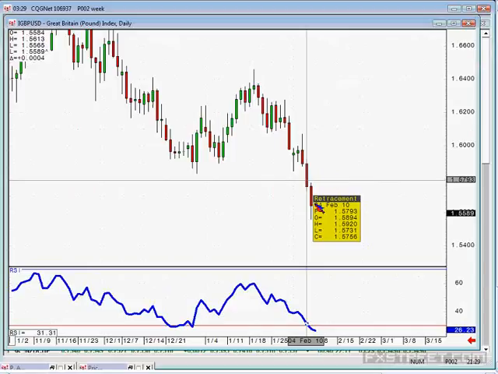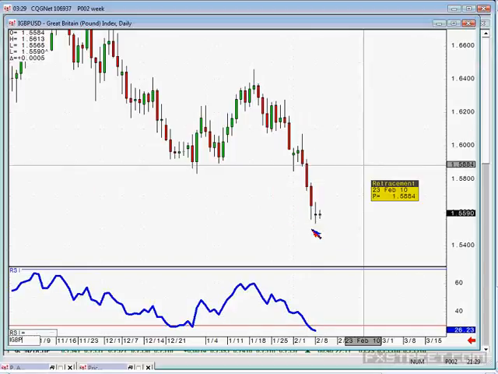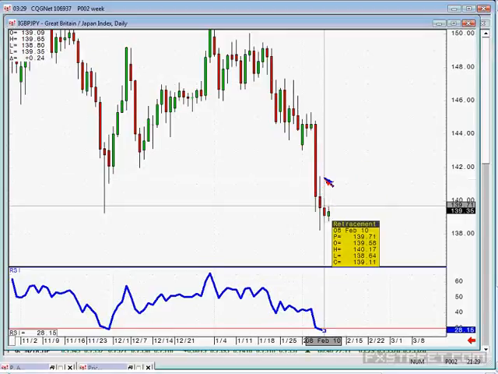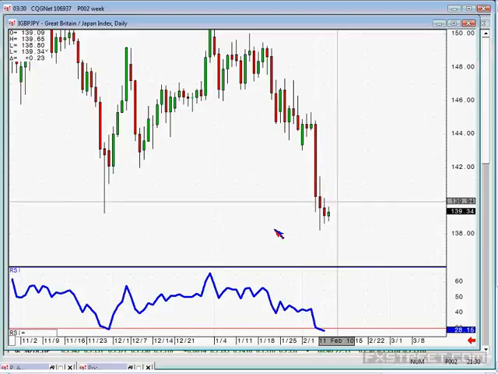Let's see the pound US. It is also dropping. So overall, the pound US is weak and the dollar yen is strong. That's the reason why you see the pound yen had a big drop on that particular day.